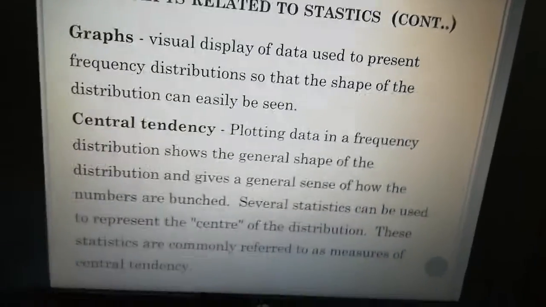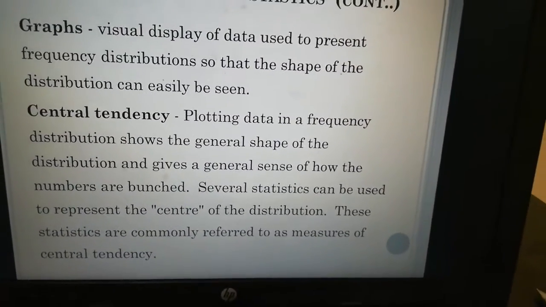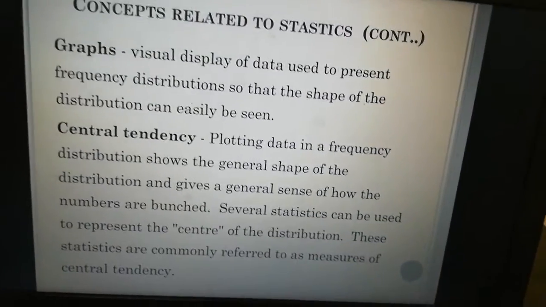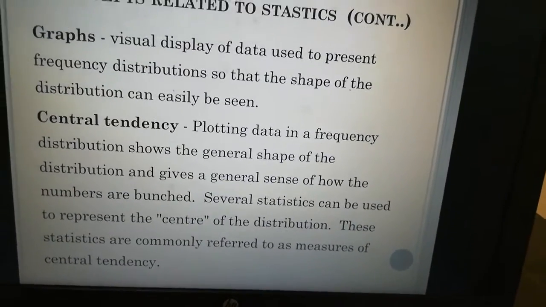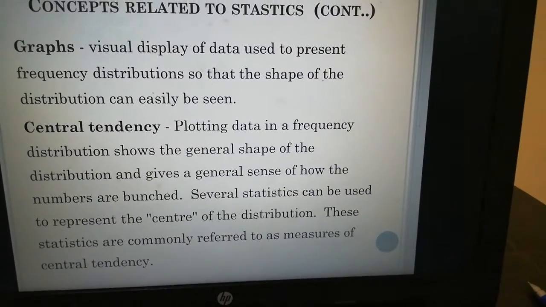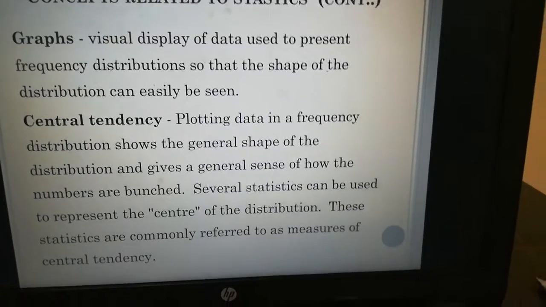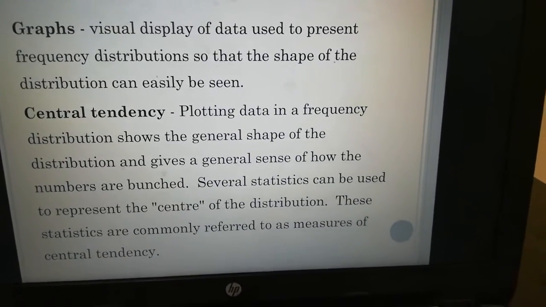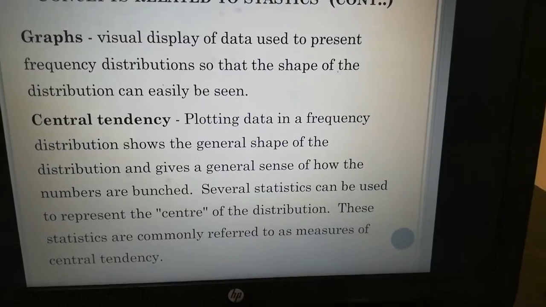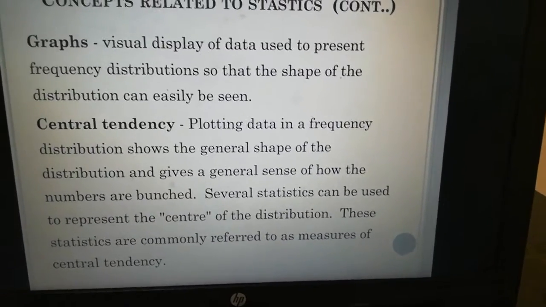The other one is central tendency. That is, collected data are distributed and take a shape which gives a general sense of how it is bunched and organized.